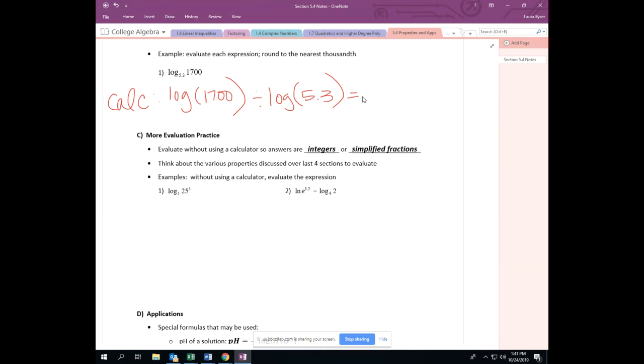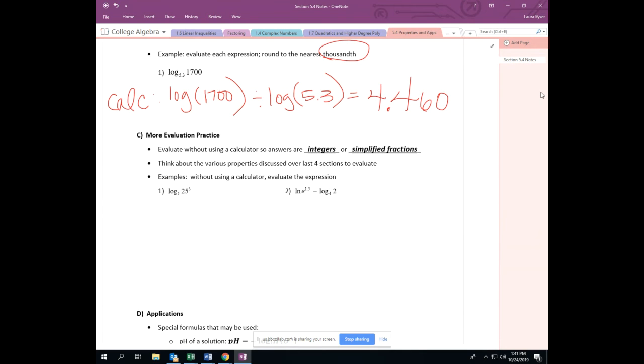Now, once you make sure that everything's closed off and hit equals, it is going to calculate it for you. You will round it to the appropriate decimal place. And in this one, it's the thousandths. So 3 decimal places would be 4.460.